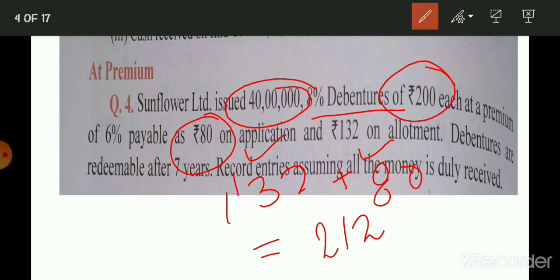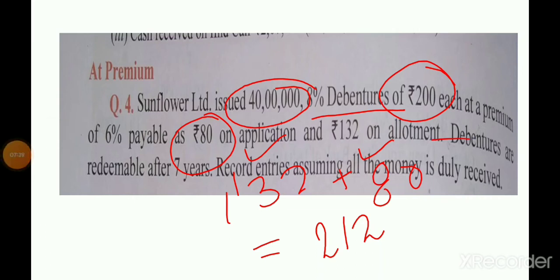This will be the total amount of the debentures. Please don't get confused because I am teaching shares in the class. I repeat again and again, it will be debenture.